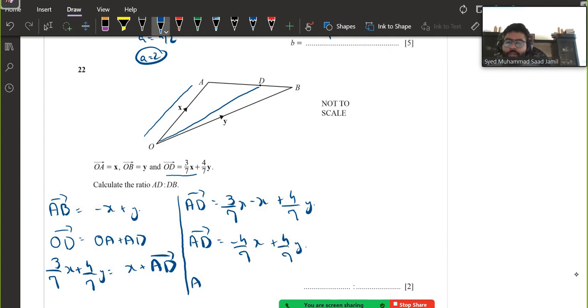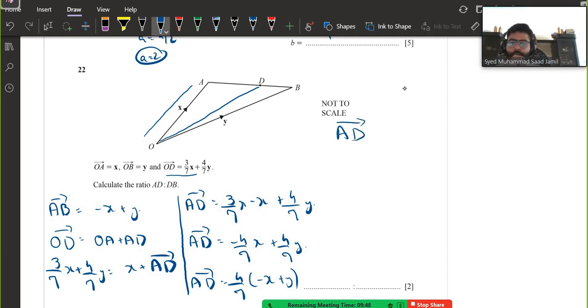Let's take out the 4 upon 7 as common. So when we take it out as common, it becomes minus x plus y. Alright. So basically AD is 4 upon 7 times the whole line of AB.